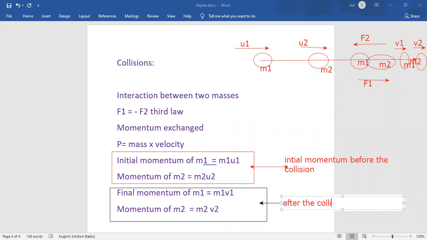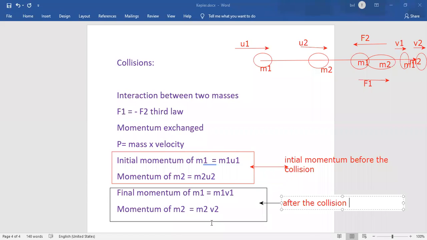So we have expressed the momentum of the system before and after. I said momentum is exchanged during the collision.